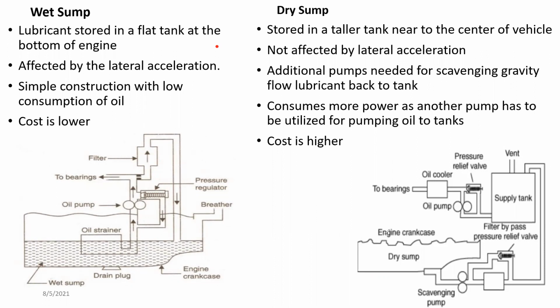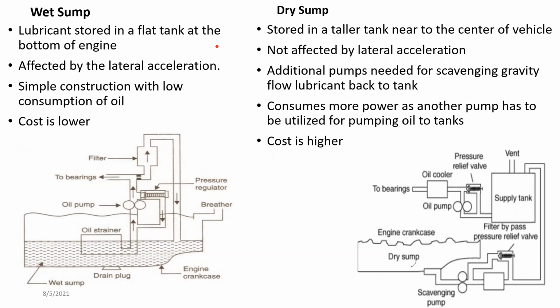But the dry sump is a bit different. Again, you have the engine sump, but you don't have oil here. Once the engine is running, the lubricant goes through the pressurized system, and then comes back to the sump gravity fed.